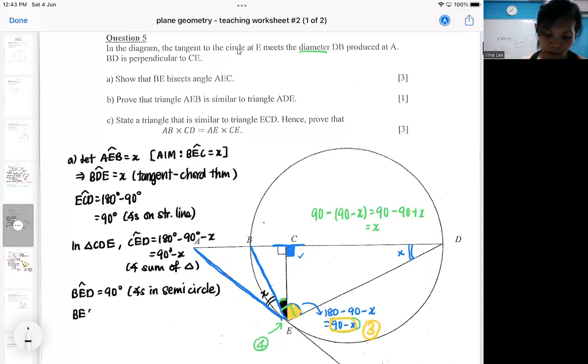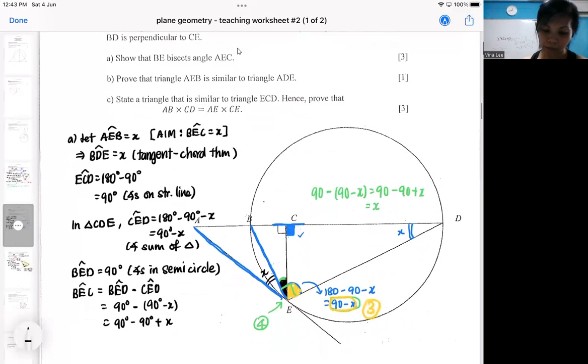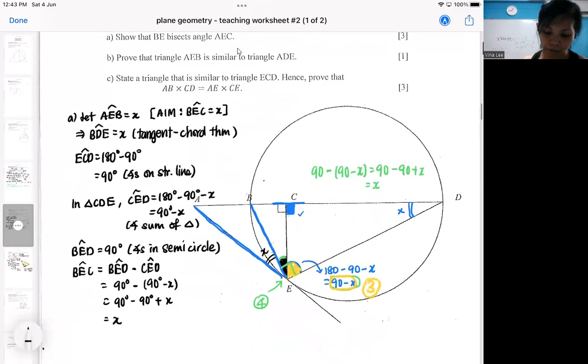So BEC is BED subtracting CED. So I use the 90-degree from the diameter and I subtract the angle that I got from angle sum. So you achieve your aim already.